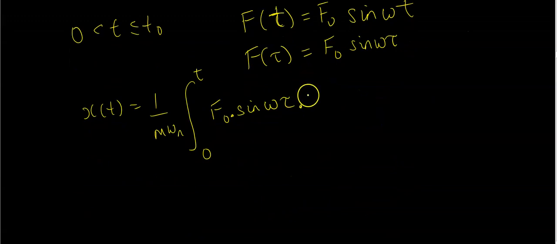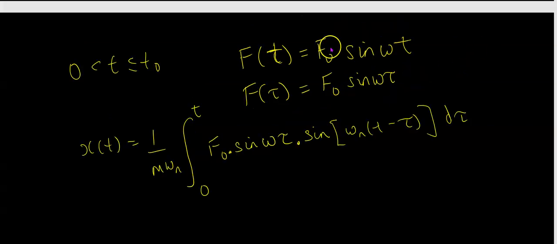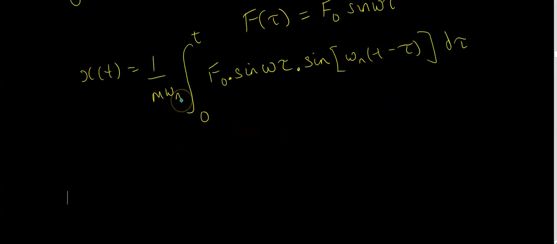So then you're going to come in here and say, well, I have a sine term, omega_n (t minus tau), and I want to integrate that expression with respect to d tau. So how do I integrate that expression? Well, I need to use a trigonometric identity.